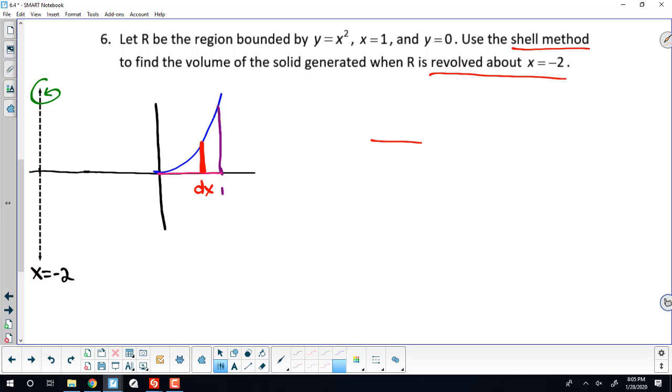The radius, again, will always be the distance from your cross-section to the axis of revolution. So that's our radius in this case. Our height is just this dimension here, from here to here. That's h. It's always going to be the case with shells. So we're just measuring the height, top minus bottom.